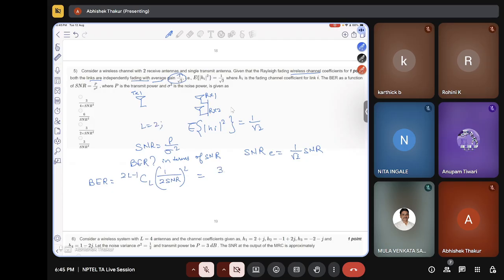So we will get 3C2 times (1 by 2 SNR), where SNR is 1 by root 2 SNR, to the power of 2. So it becomes 3 into (1 by root 2 SNR) squared, which is equal to 3 by 2 into SNR square. So option C is the correct answer for this question.